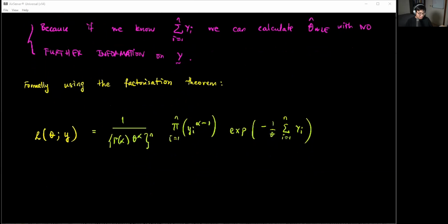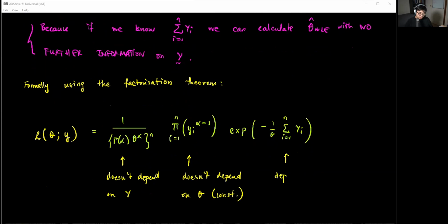All right. So let's have a look at this likelihood and see what we have. This part here doesn't depend on y. This part here doesn't depend on theta. So really it's a constant. Now this part here depends on y only through the sum of y.